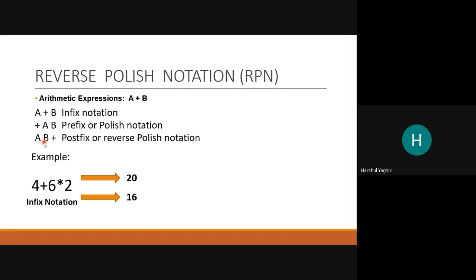And if we write A, the first operand, B, the second operand, and then the operator sign, remember, operators are followed after operands. So that is postfix, or what we can call reverse Polish notation.